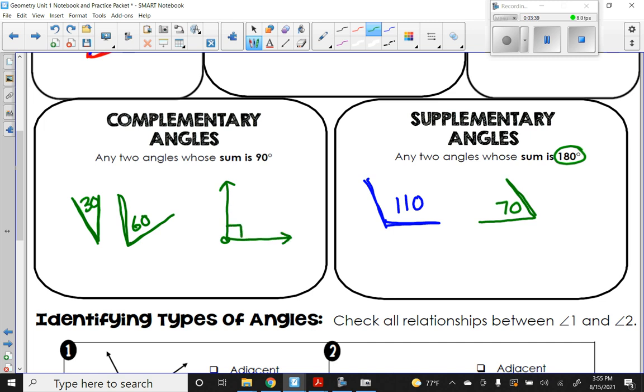There will be a right angle box in there. That's a big giveaway that it's complementary. They're trying to tell you that those two angles, which I'll label angle 1 and angle 2, are complementary. They add up to 90 degrees.